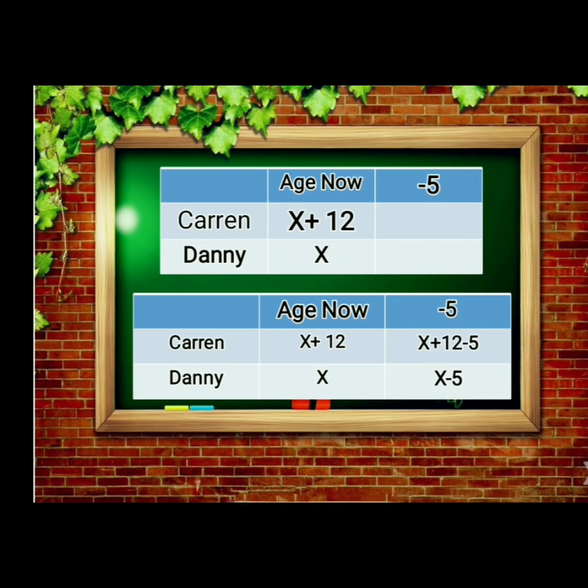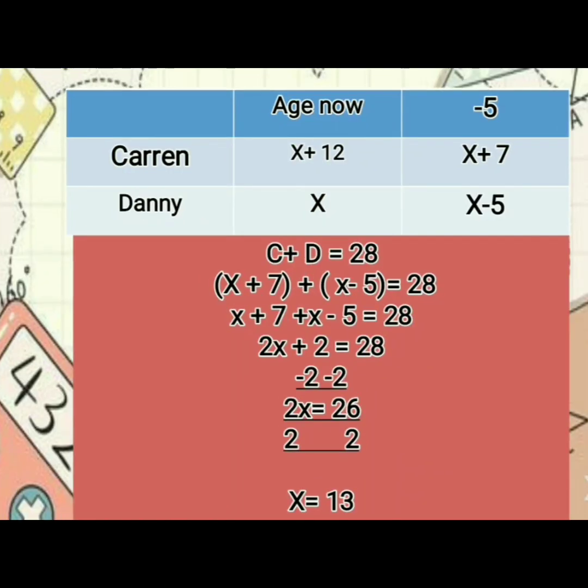So we have Karen, X plus 12 minus 5, and for Danny, X minus 5. We'll just simplify by combining like terms, 12 minus 5. So our table is ready. For Karen, it is X plus 7, and for Danny, X minus 5.